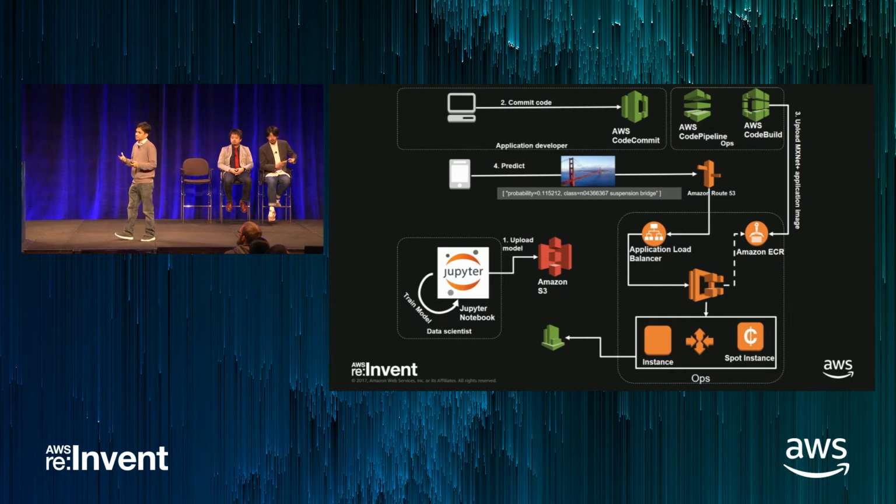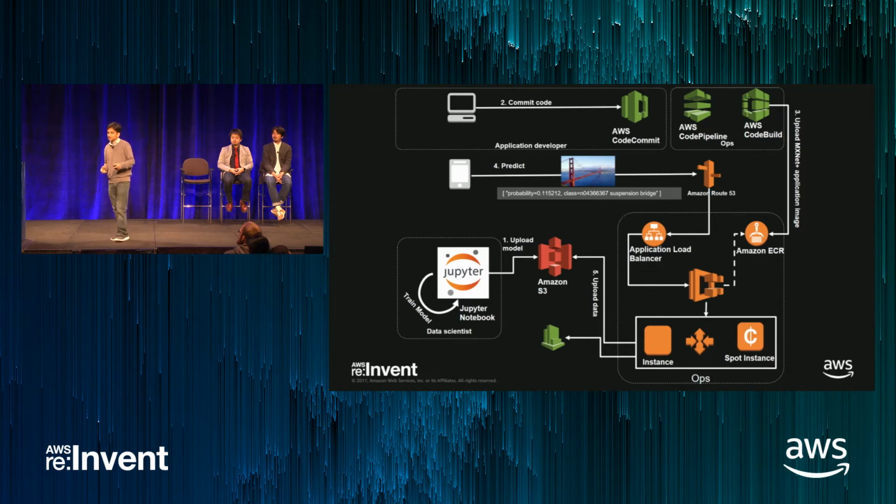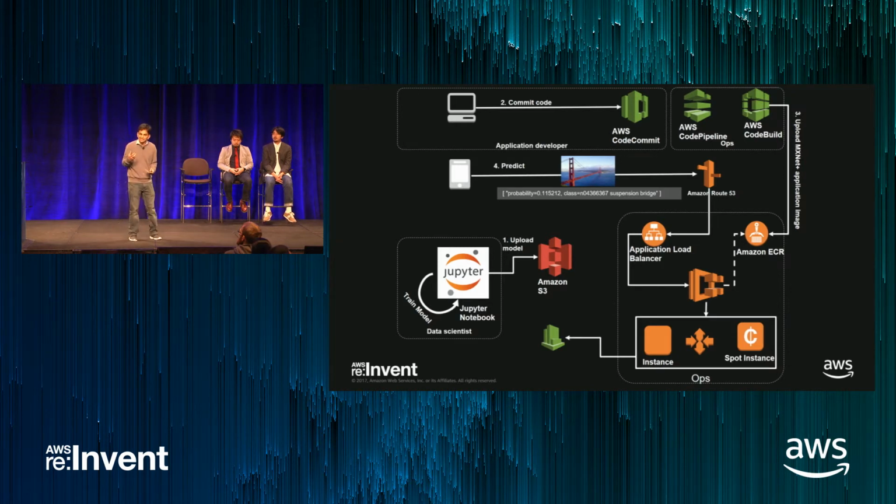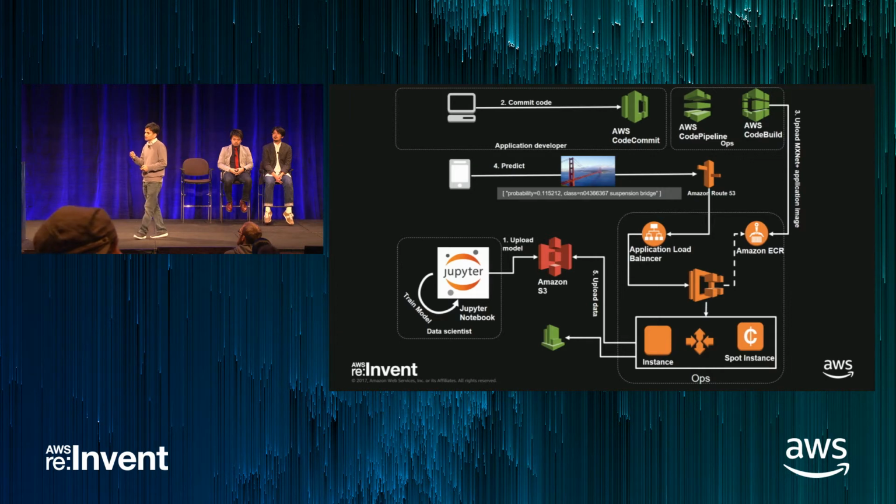I've uploaded my model, and it's getting consumed by my code. What if, let's talk about, tonight I ran a new training algorithm, and I have a new model. That model gets uploaded to S3, and the change is, literally, your code reading the new model from S3. MXNet has APIs for S3, and you can do the same with TensorFlow and other frameworks, so your code can read the new model.